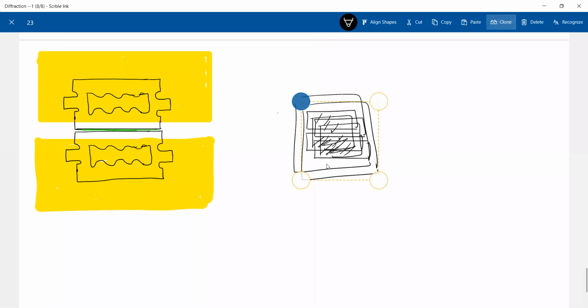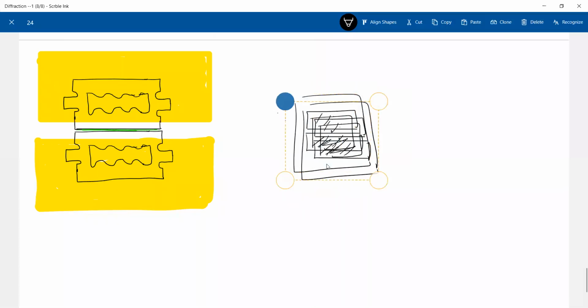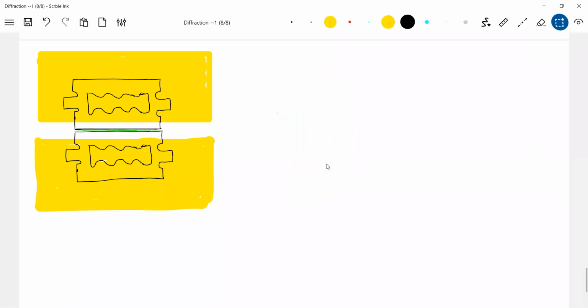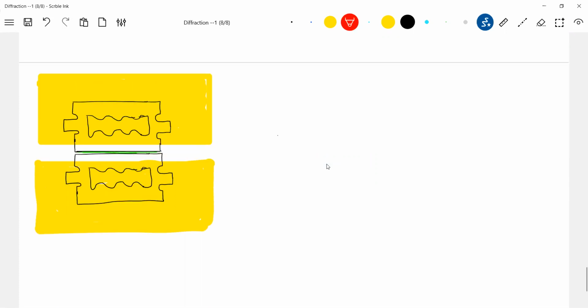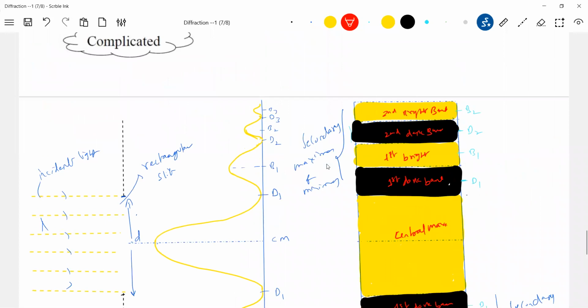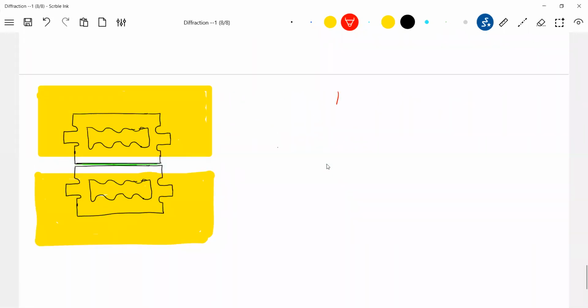So what do you expect, according to ray optics, what we know? What do we expect for the pattern on the screen? Since we use red color, we don't see it perfectly like this. Sir, you showed a very good diagram, but nothing is visible for me. The pattern will come like this.